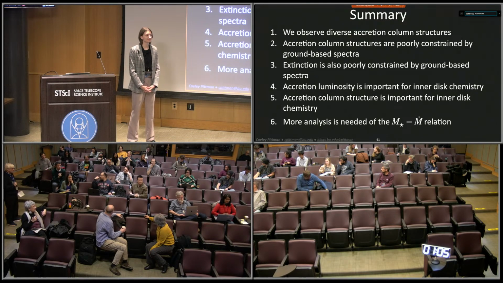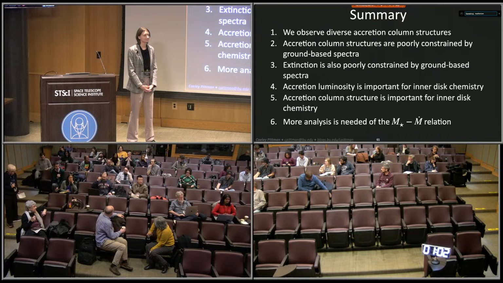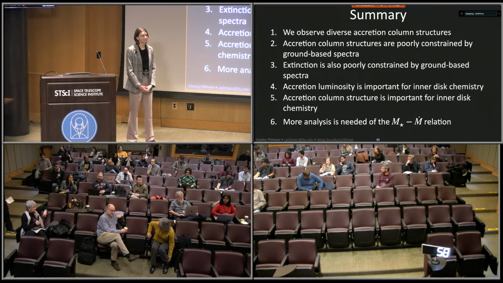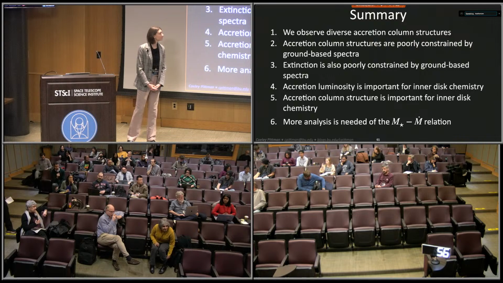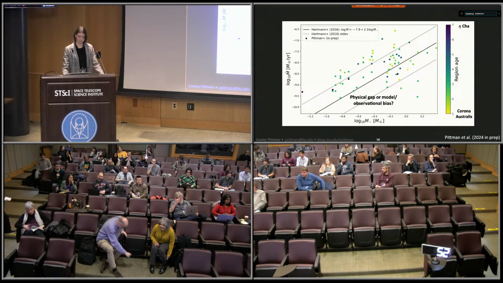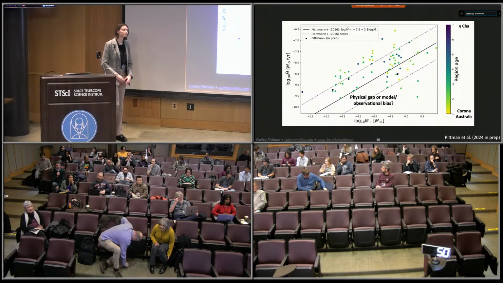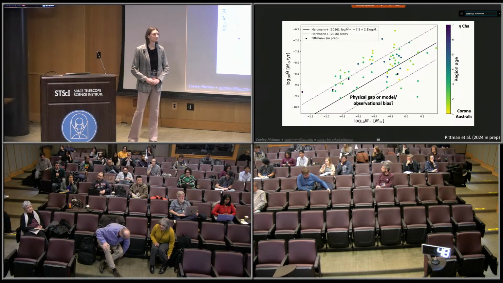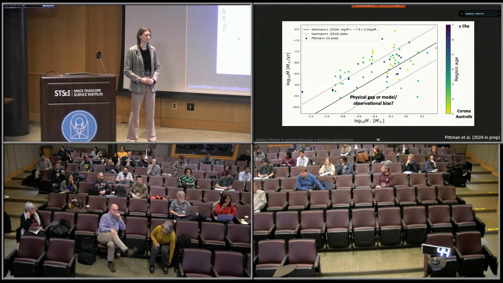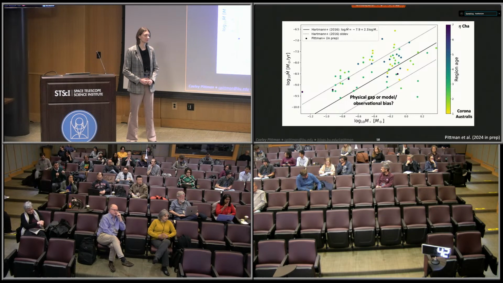I mean, this is all extremely nice, very well done. I have a comment on the mass accretion stellar mass relation. My fear here is that for the way we selected this sample, we wanted to detect the UV. So we selected objects with accretion rates that were already known to be in this part.